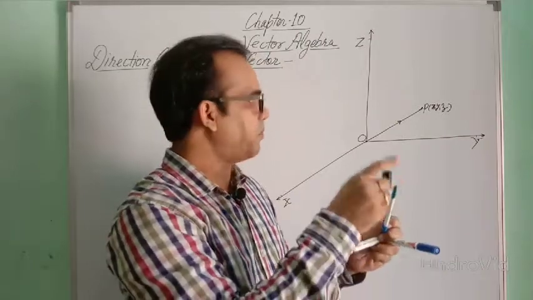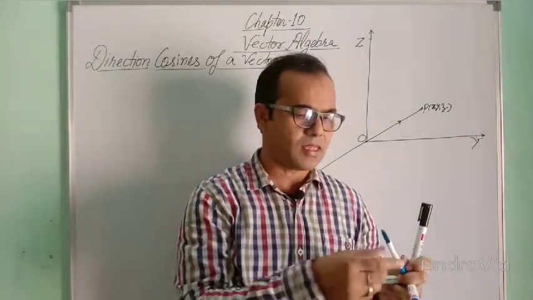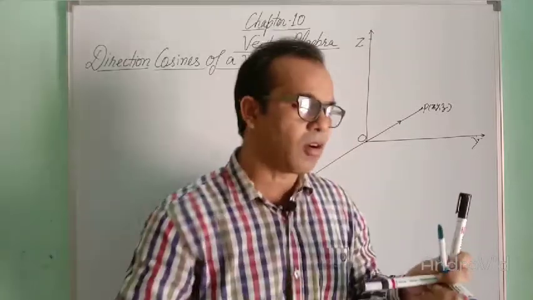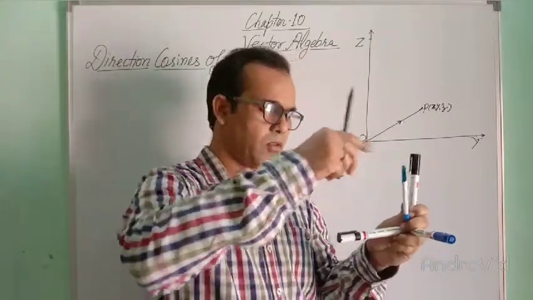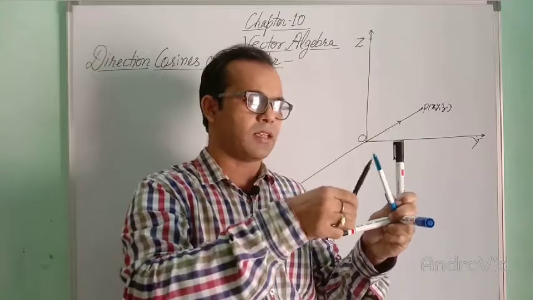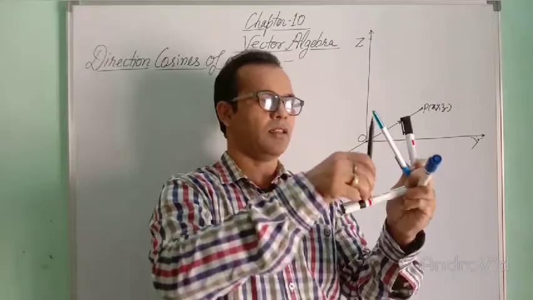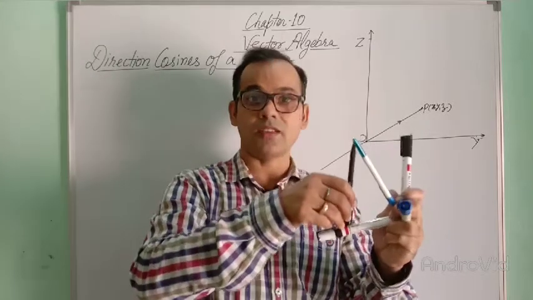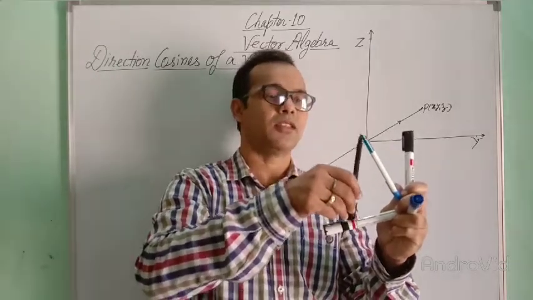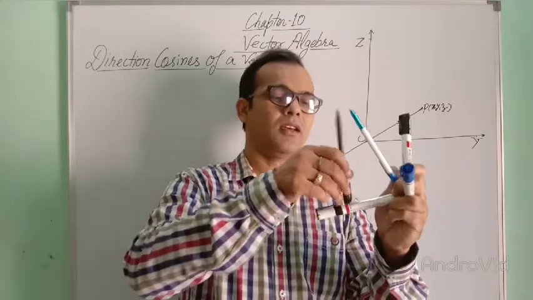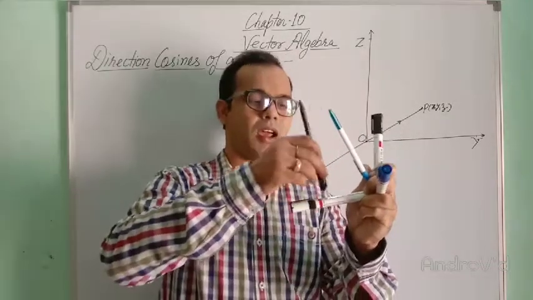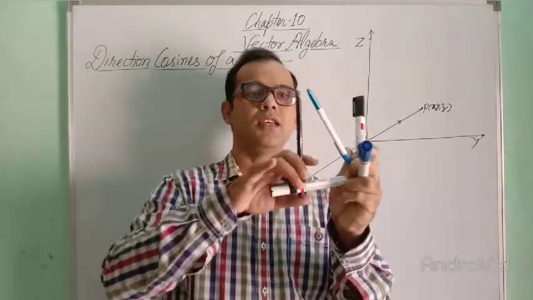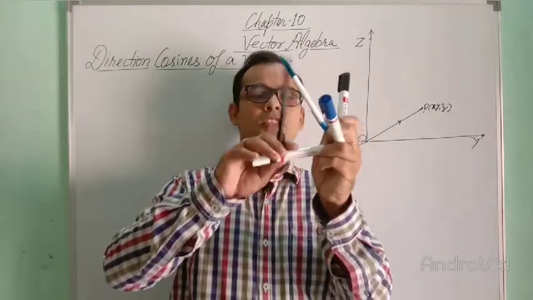Now if this point P has the coordinates x, y, z, what does it mean? It means if we draw the perpendicular from this point P to the x-axis like this, you see this is perpendicular. You have to think three-dimensionally. So the distance covered along this x-axis will be small x.